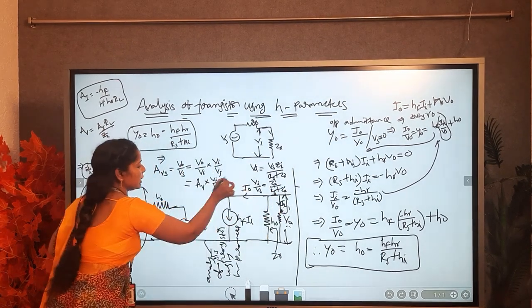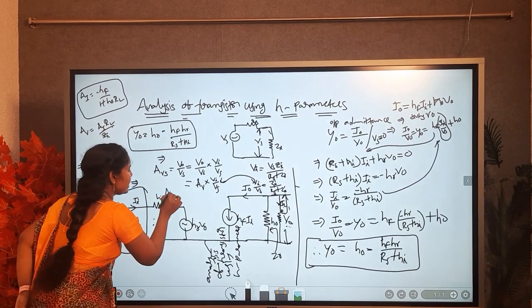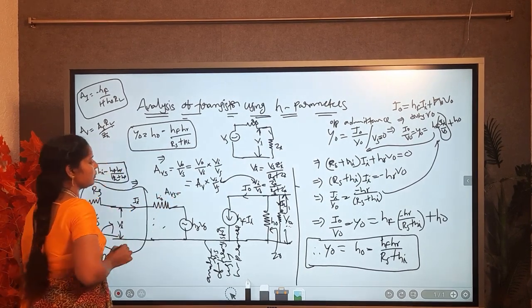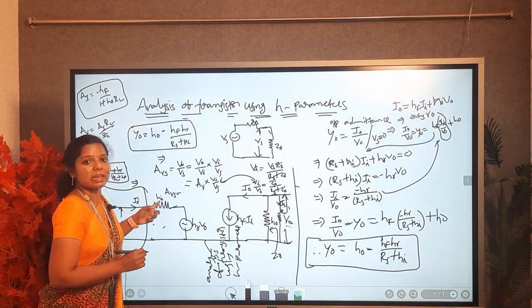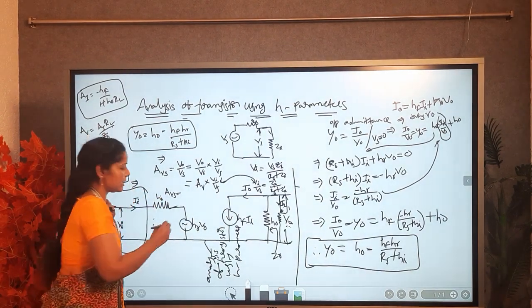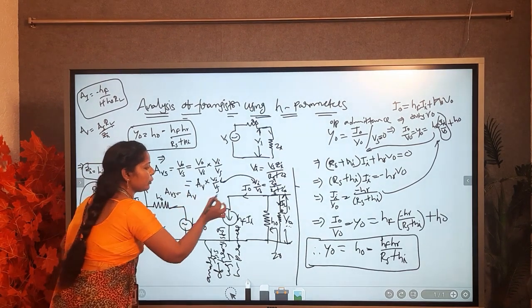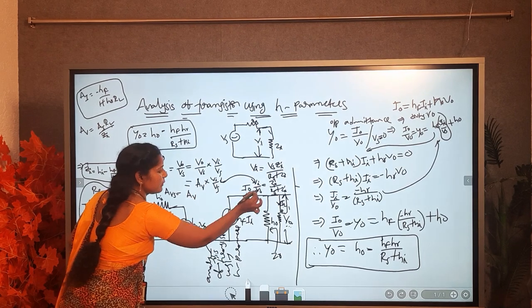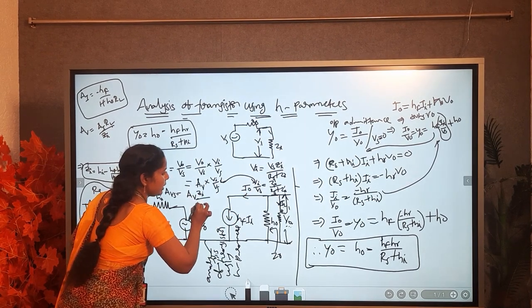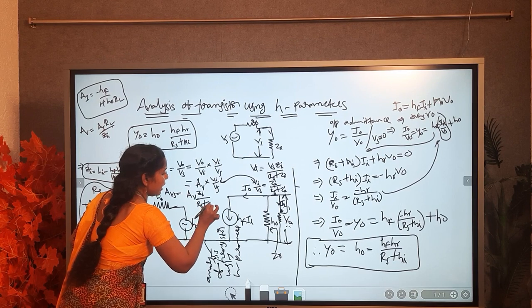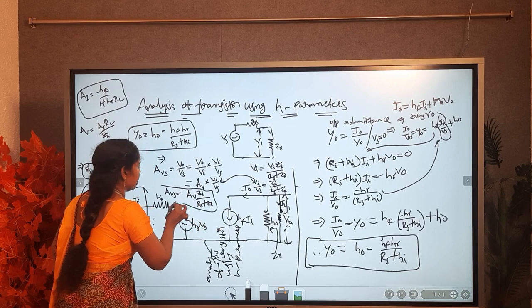Substitute this value. AVS, the overall voltage gain considering the source resistance Rs, equals AV into Zi by Rs plus Zi. This is the overall voltage gain.